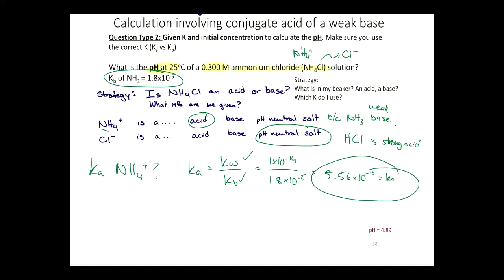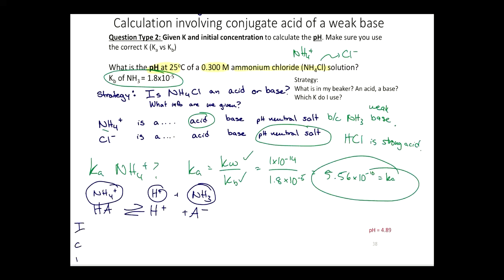All right, so since we're using a Ka, we're going to use a Ka expression. So HA breaks up into H plus and A minus. Again, you can use the generic form. It works out the same. It's NH4 plus breaks up into H plus and ammonia. That's like the actual reaction that's happening, but we can use the generic form as well.